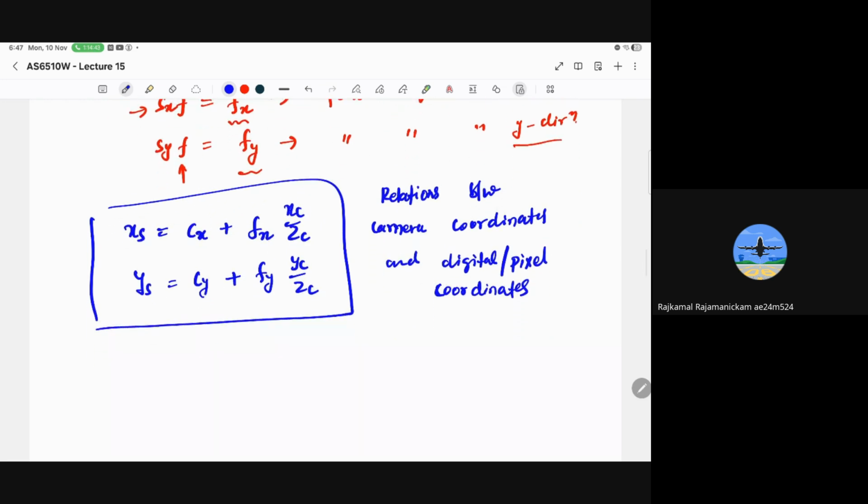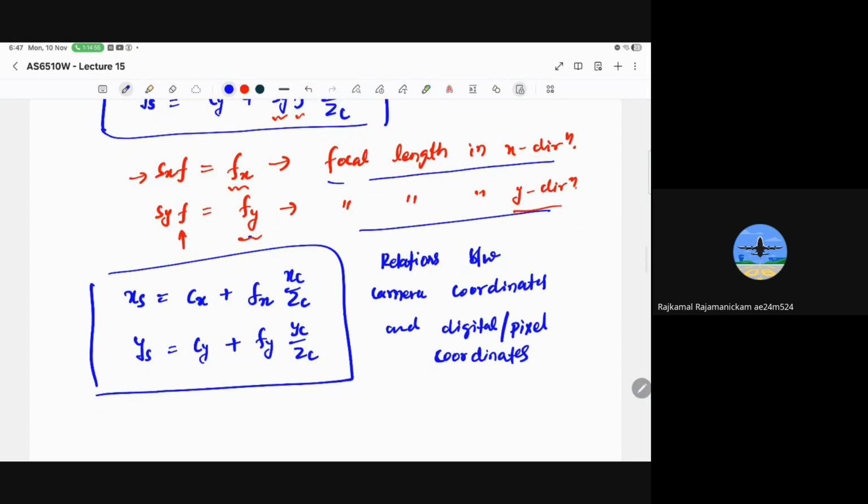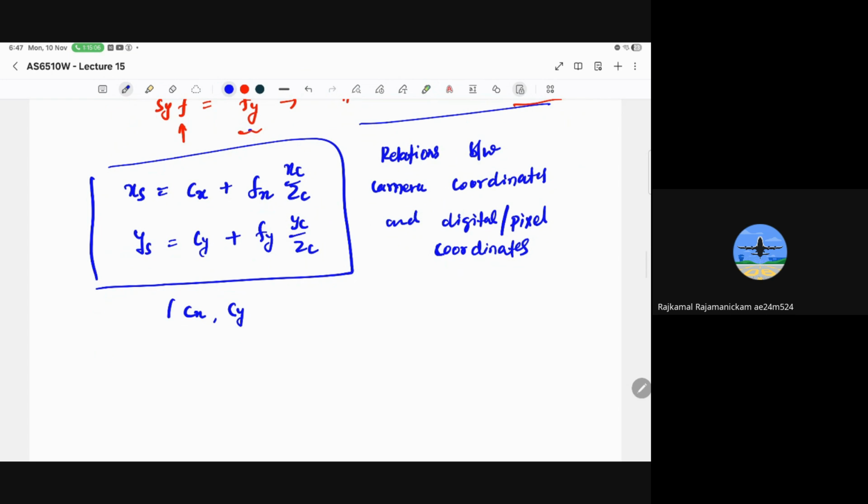The other parameters, fx and fy, I have defined here: fx is the focal length in x direction, fy is the focal length in y direction. These are camera parameters, and similarly cx and cy are also fixed camera parameters.